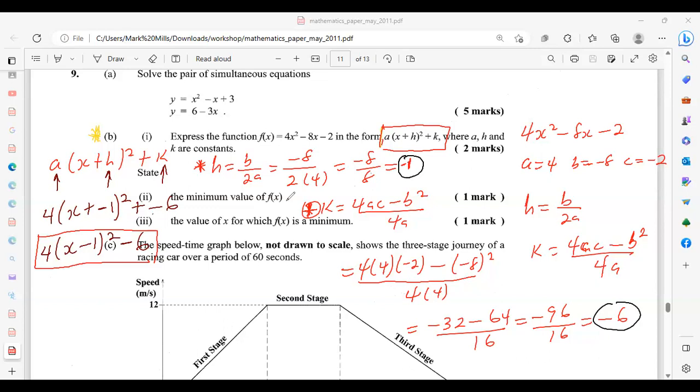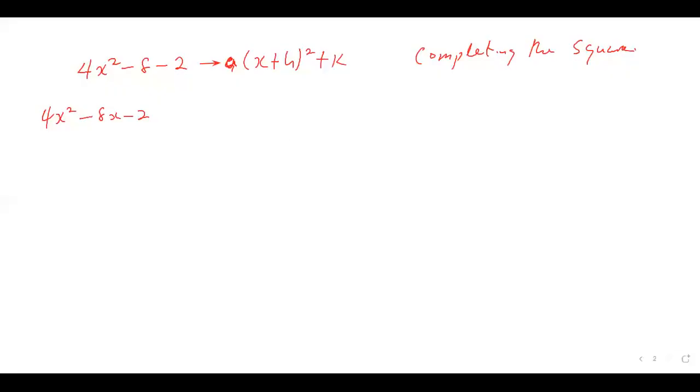We're good so far? Any question? All right, so what I would do is this, right? 4x squared minus 8x minus 2, right here.